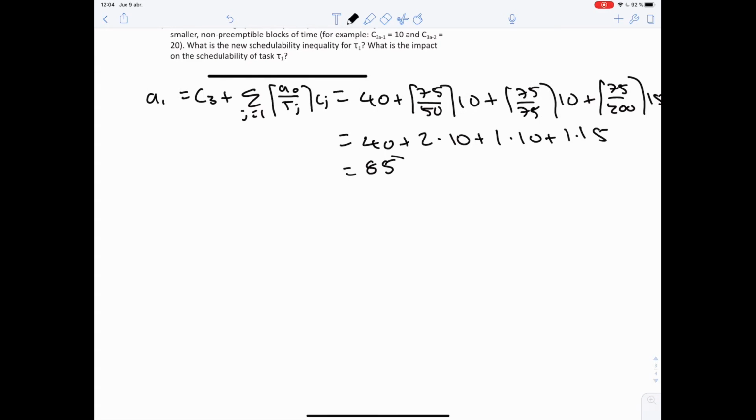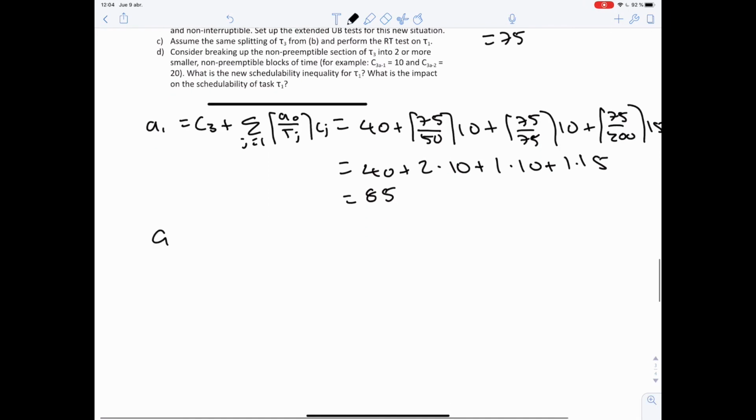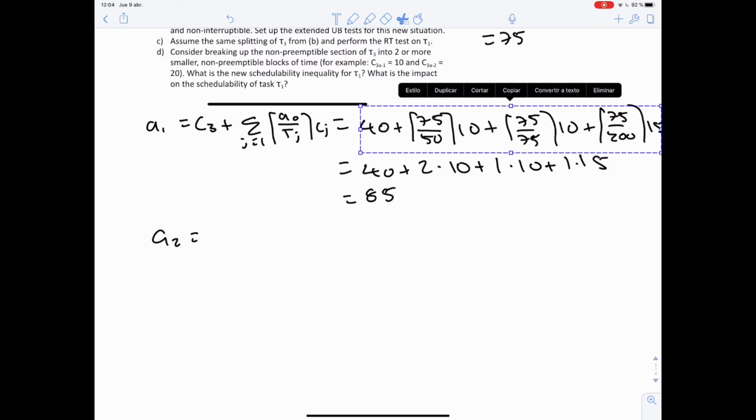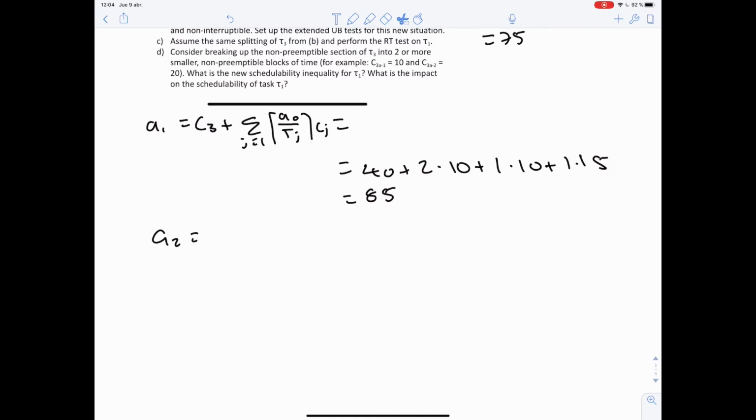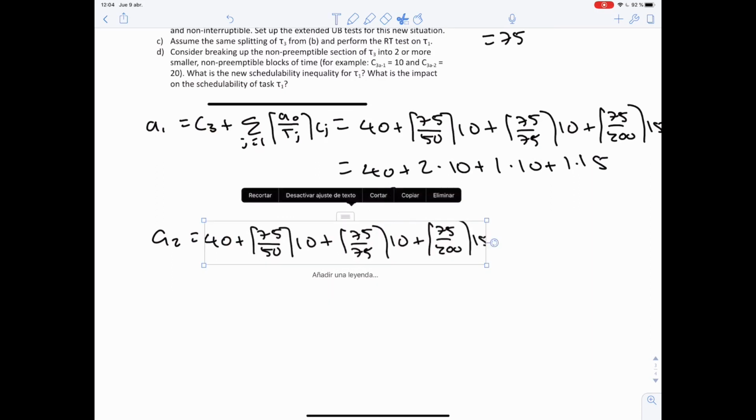And this does not match with what we had here, so we will go ahead and do an A2. And A2 is practically the same as A1, but the thing that changes is that we now have 85 instead of 75 plugged in.